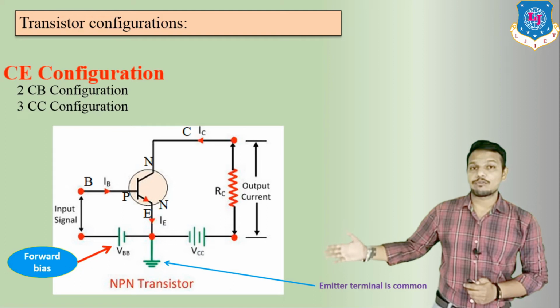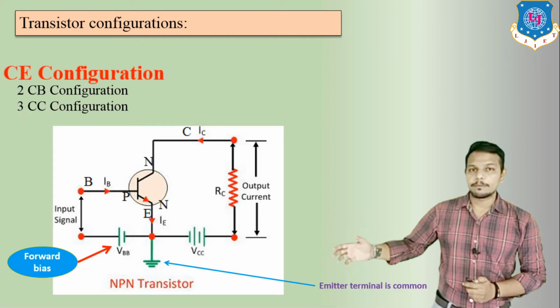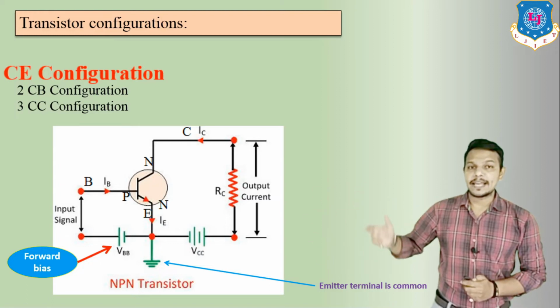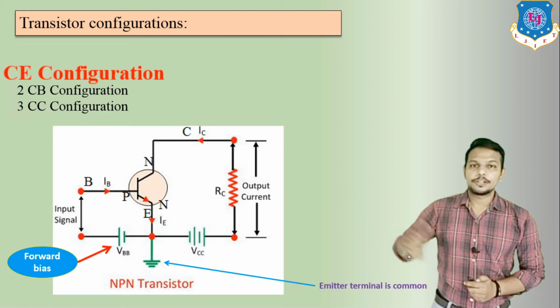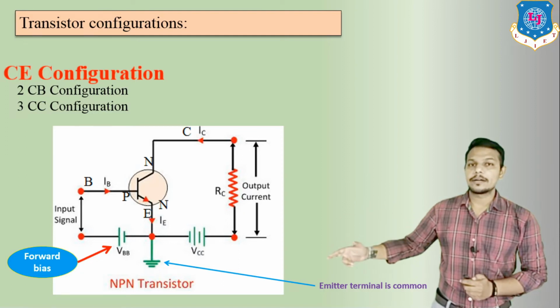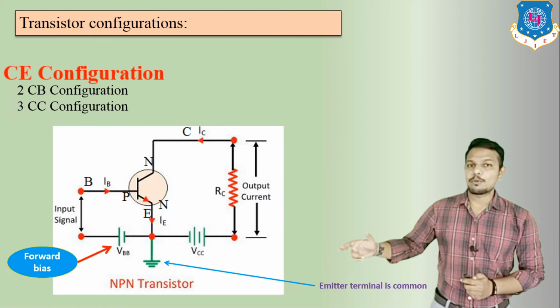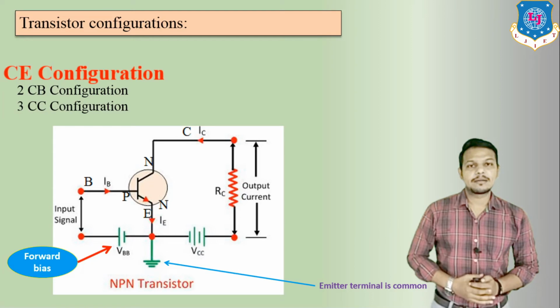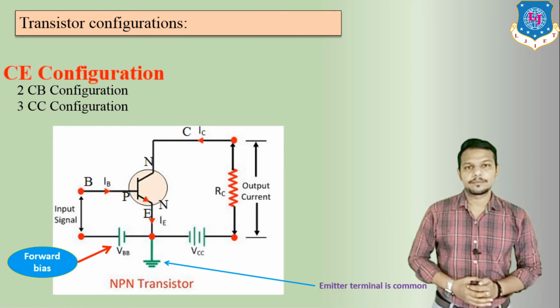Why can we say it is forward biased? Here VBB's positive polarity is directly connected to the NPN's P region. P means positive, and VBB's polarity is positive, so it is similar, and that becomes forward bias.